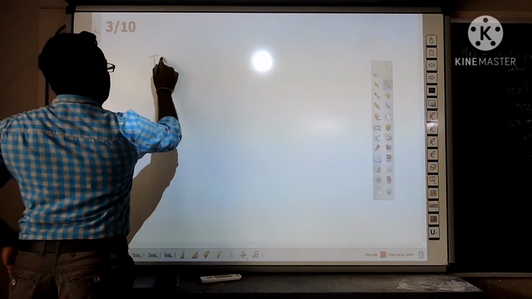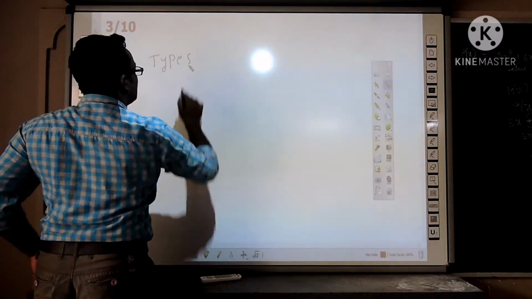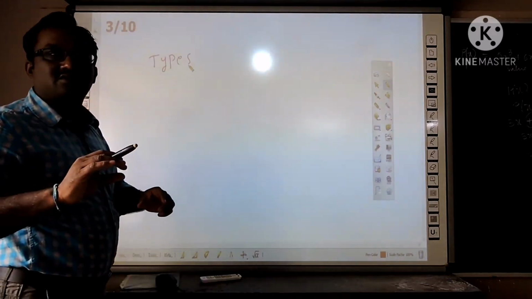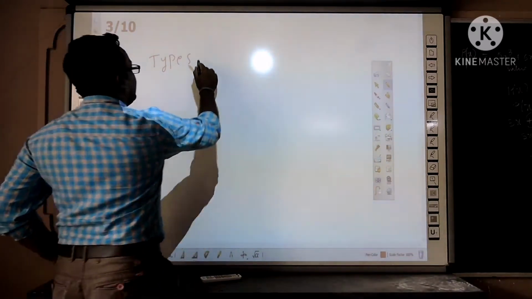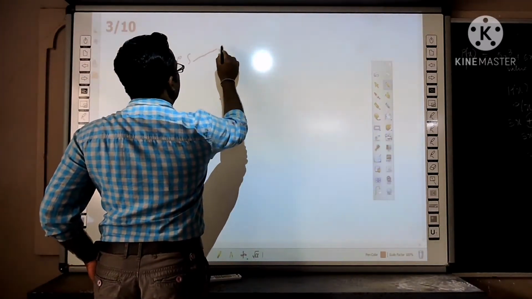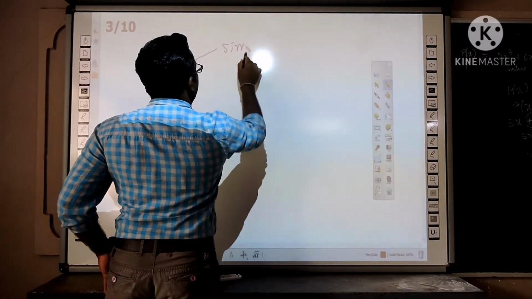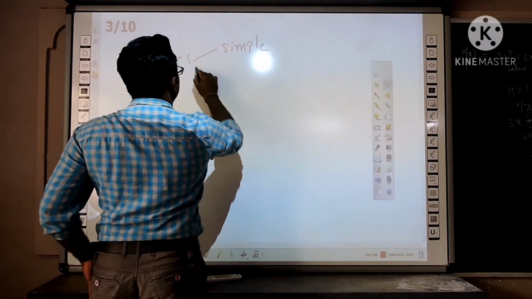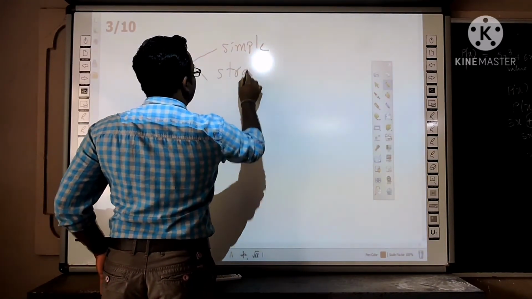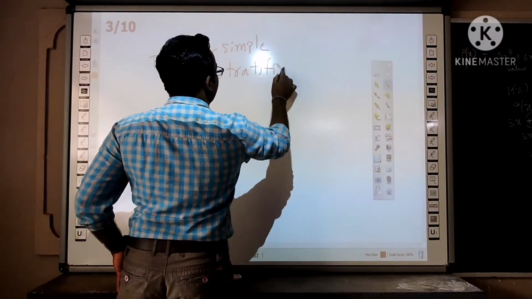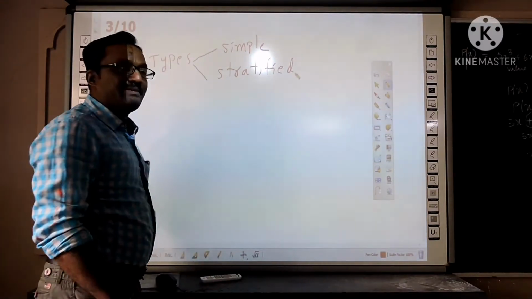When you see the types of epithelium, based on the number of layers, it is different. It is of two types: simple epithelium and stratified epithelium.